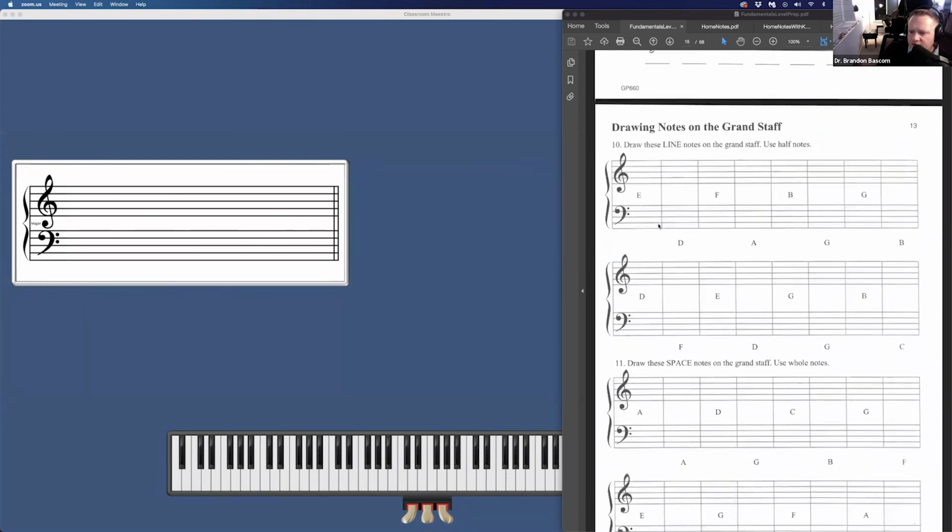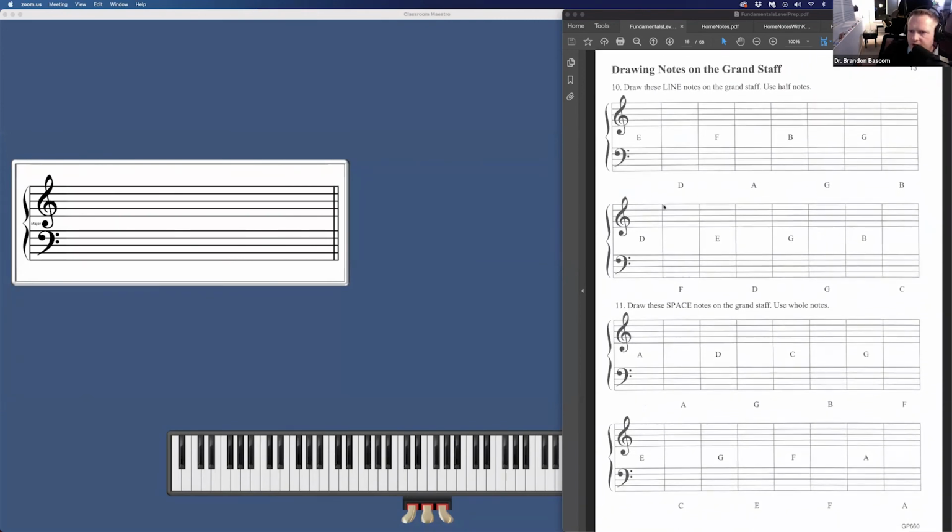All right, page 13, we're specifically writing line notes on the grand staff, and they want half notes. So we need to write stems. Don't forget your line rule. If it's on the middle line or higher, the stem's going to go down on the left.